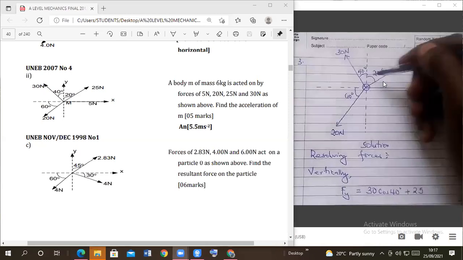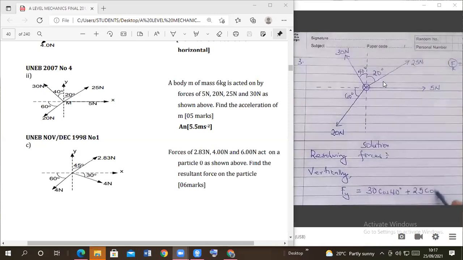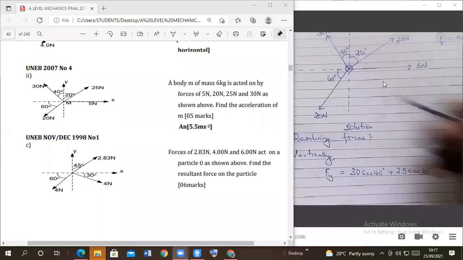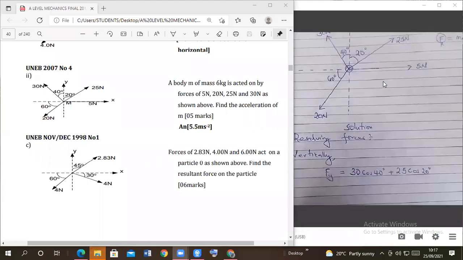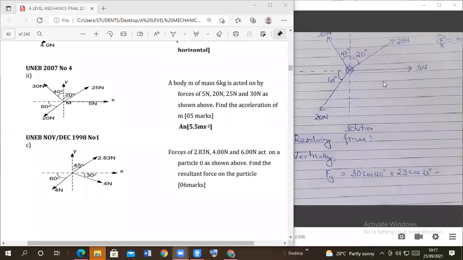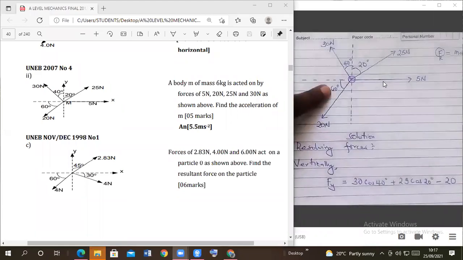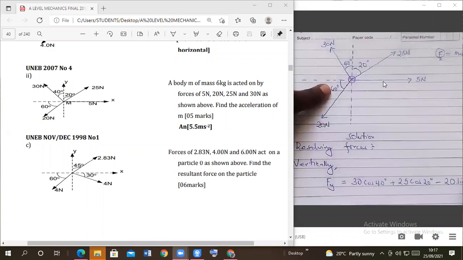The angle is to the vertical, which means it's going to be cos, right? 30 cos 40 degrees plus 25. The angle is to the vertical, so cos of 20. Then this one, which is on the negative side of y, minus 20. And the angle is to the horizontal, which means it's going to be sine 60.